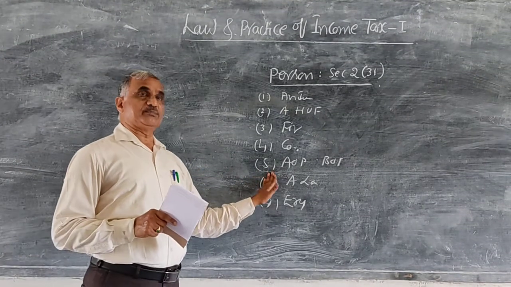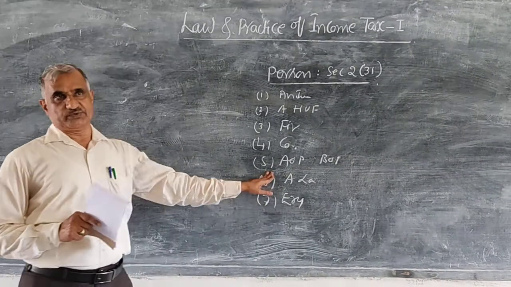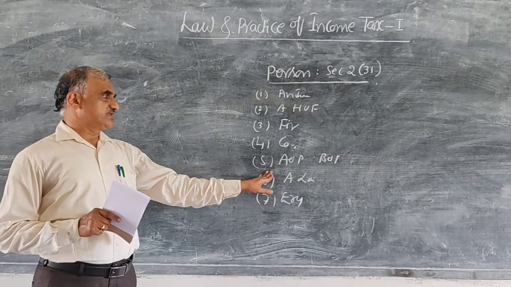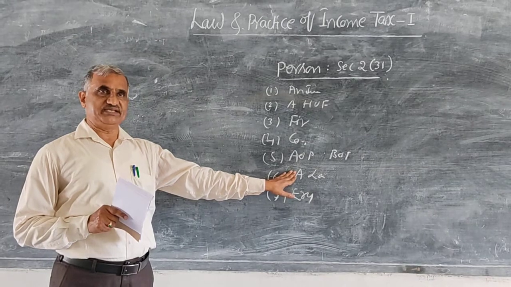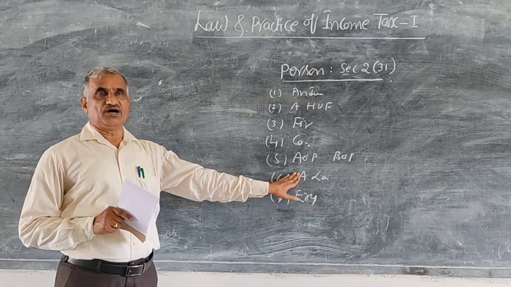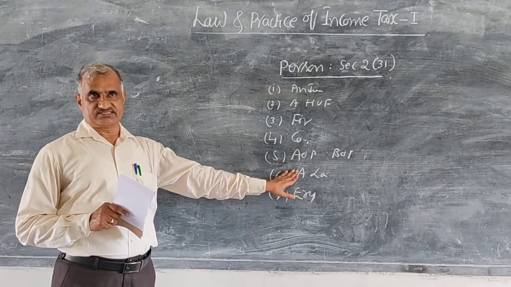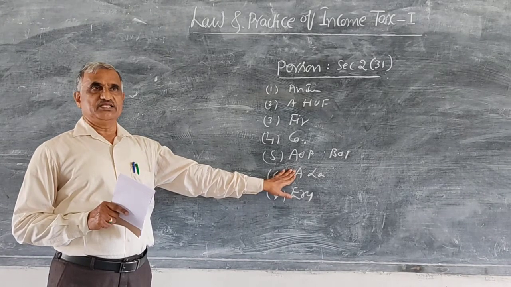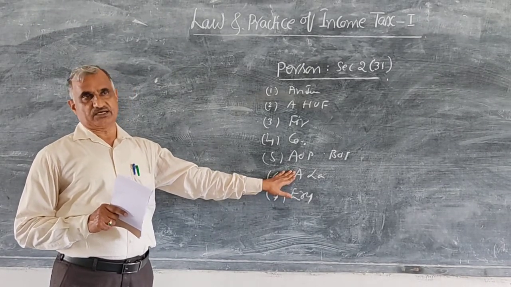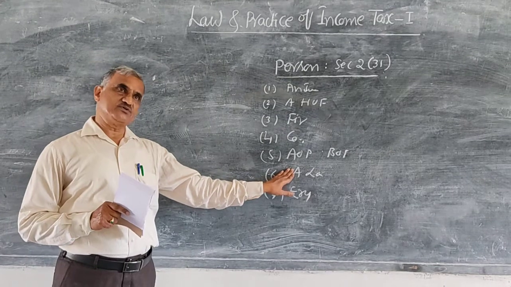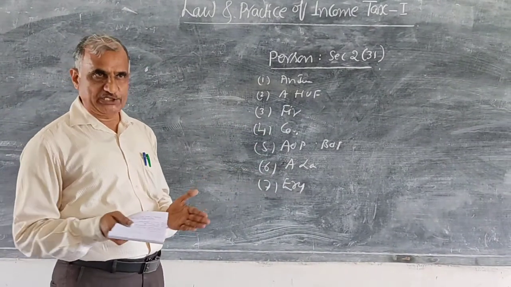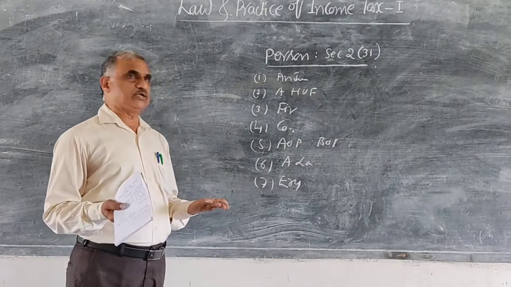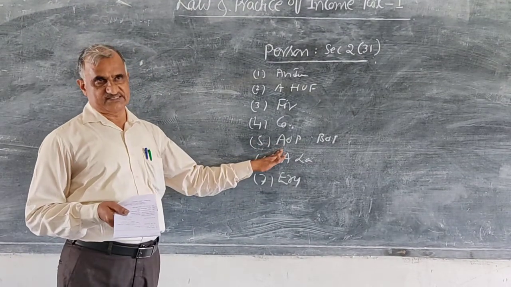Then an association of persons or body of individuals. Then what is an association of persons? Association of persons means coming together of two or more persons with the objective of earning the income. So for the purpose of earning the income, if two or more persons join together, that can be called an association of persons.